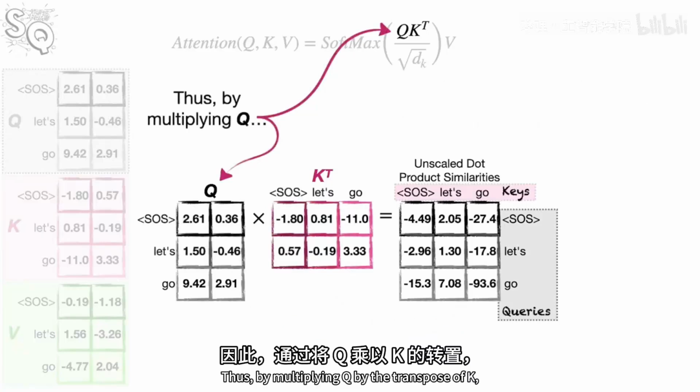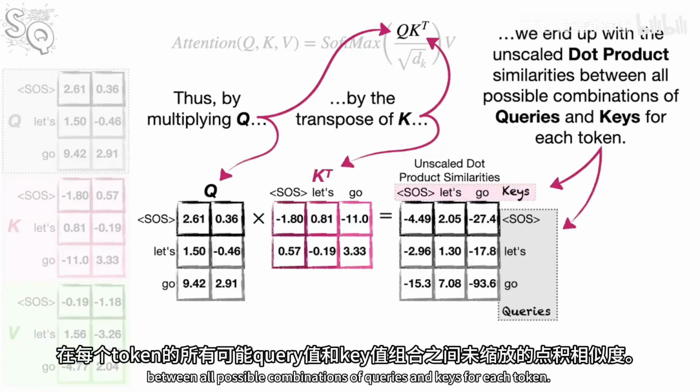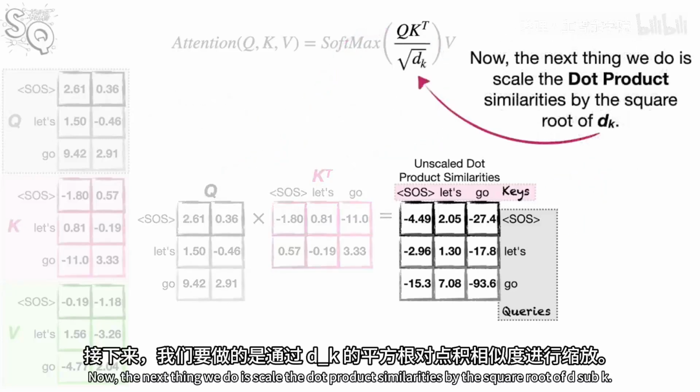Thus, by multiplying Q by the transpose of K, we end up with the unscaled dot product similarities between all possible combinations of queries and keys for each token. Bam!